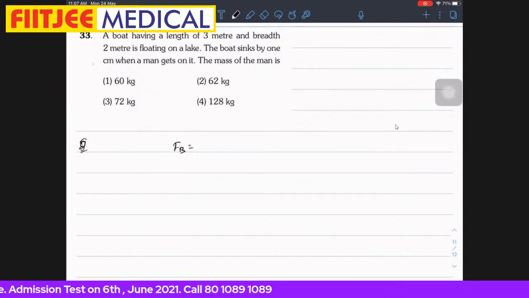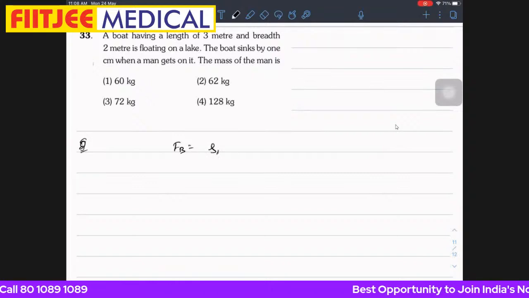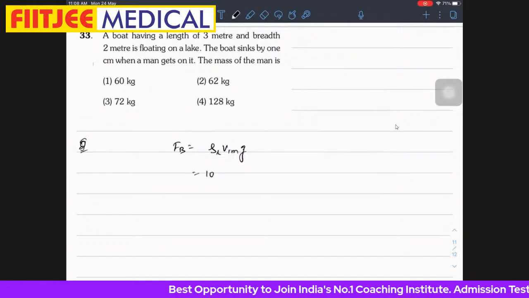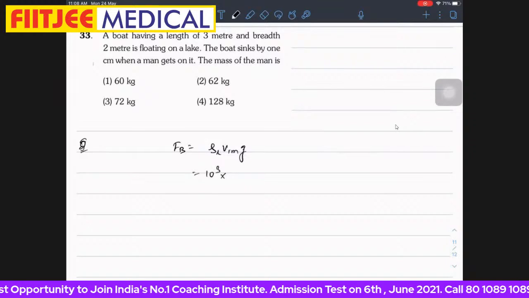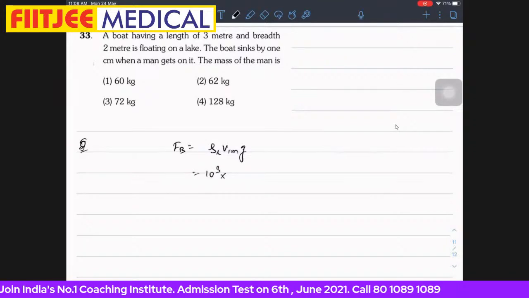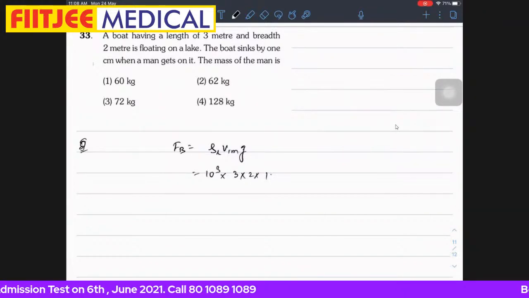So the extra buoyancy force when the person climbs on will be given by how much? Density of liquid, volume immersed, into g. Water is there, so water density is 10 to the power 3. How much volume will it sink? 3 into 2, and 1 centimeter is the height, right? So 1 into 10 to the power minus 2.